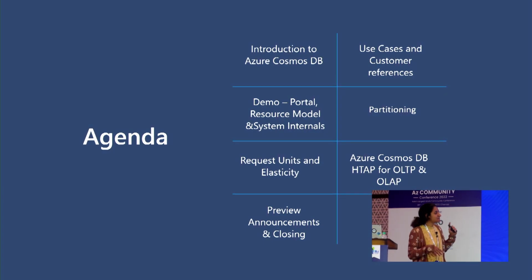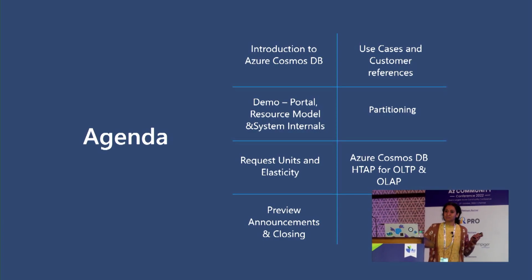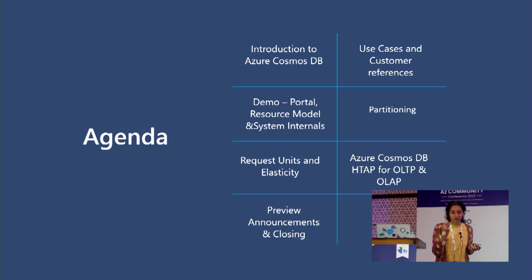In terms of what we want to cover, we'll talk really quickly about an introduction to the database. We'll talk about some customers that we have, and take a look at how it looks on the Azure portal. Then we'll talk about some core constructs.